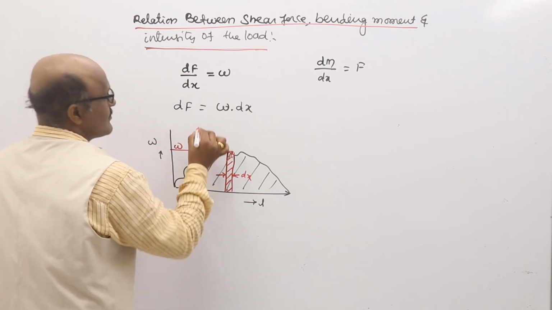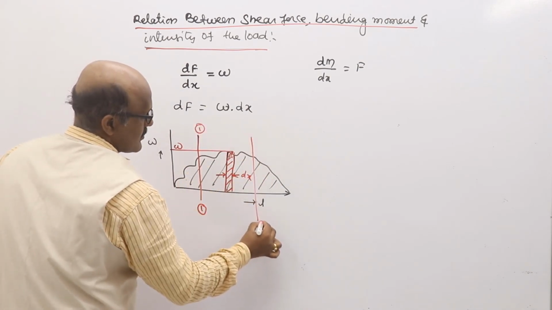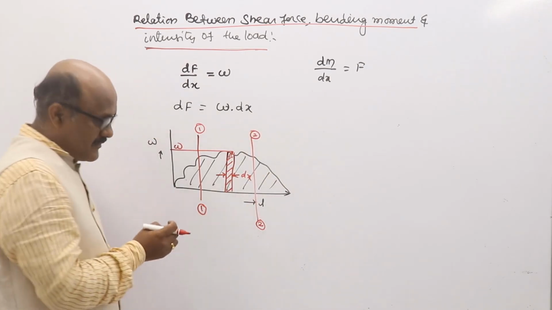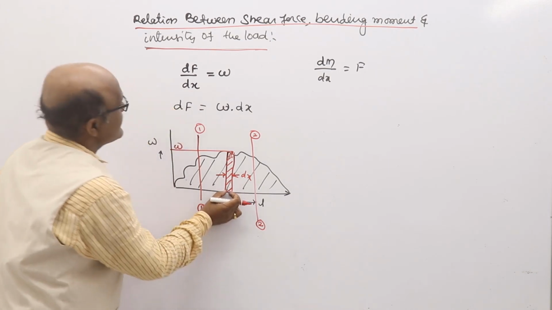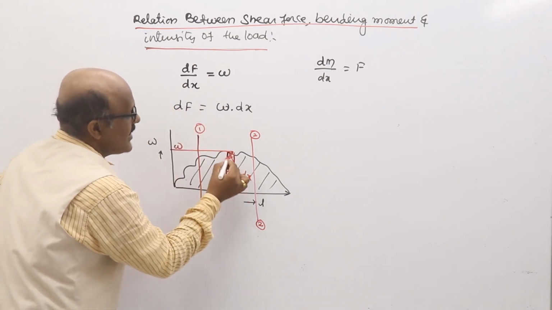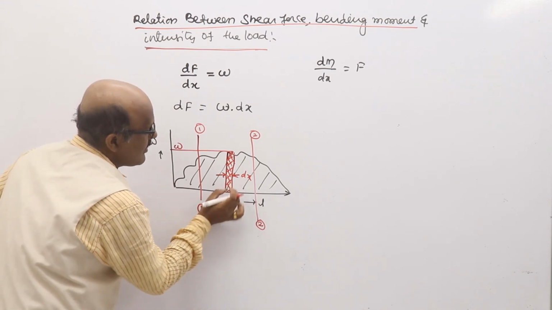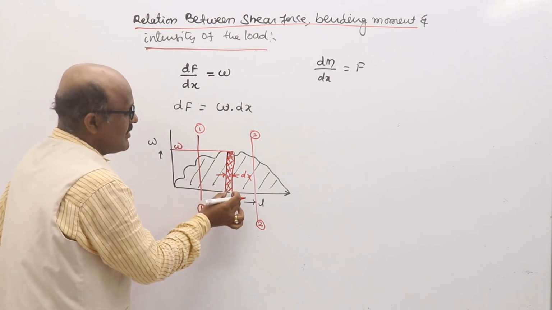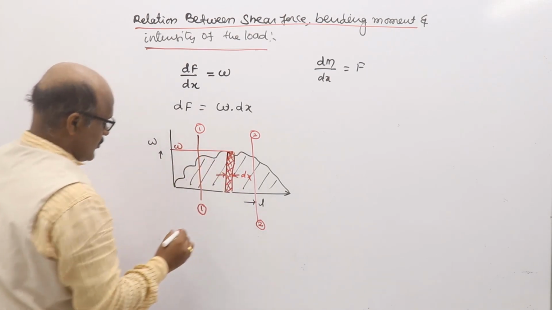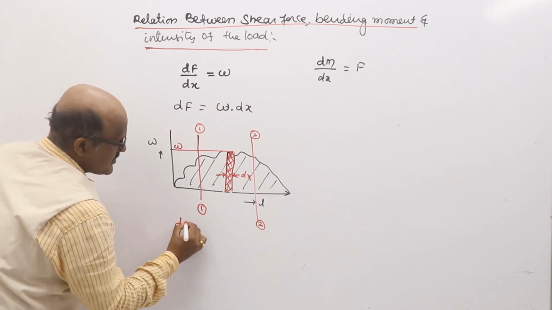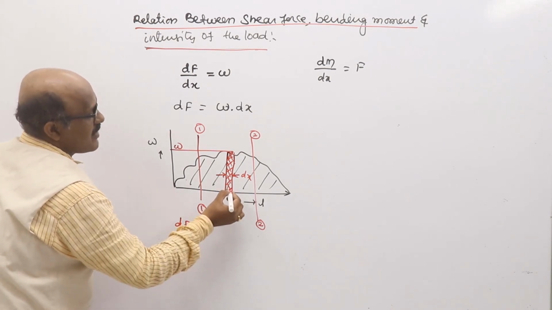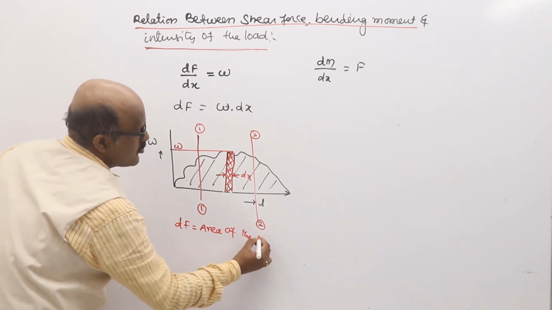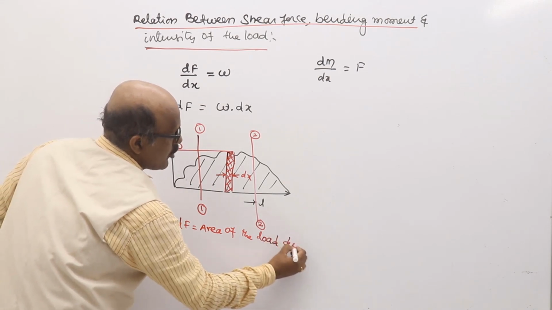For this small distance, shear force is equal to the area of this diagram. What is the area? Here it is in the form of a rectangle. This is the length, height is equal to w. So dF is equal to the area of the load diagram.